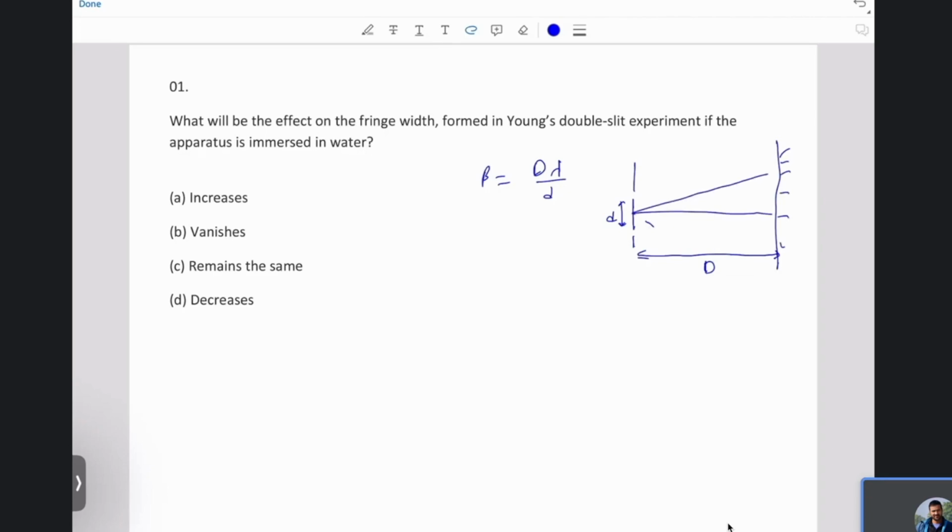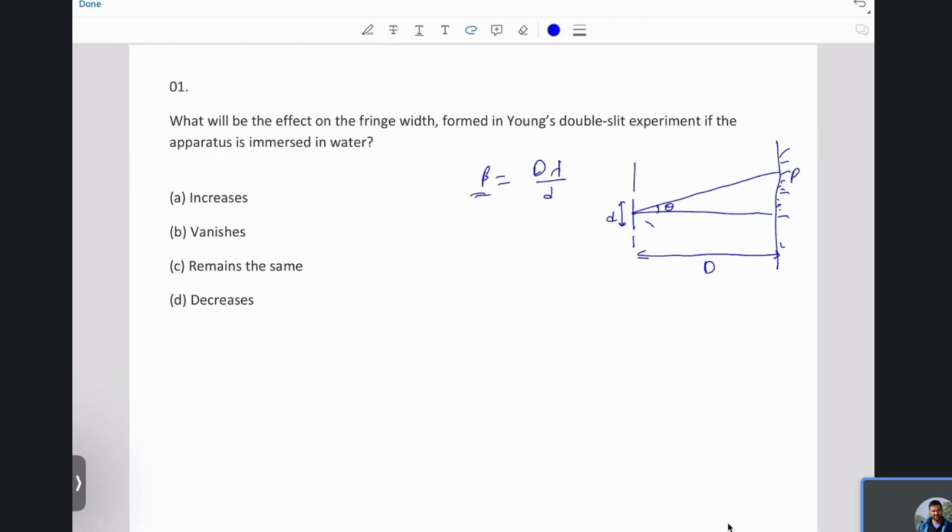And this is the theta. Suppose this is the point where the fringes are observed, and the distance between two consecutive bright or dark fringes is given by beta, which we calculated to be lambda D by d.